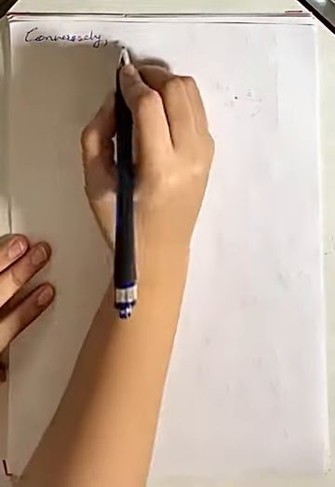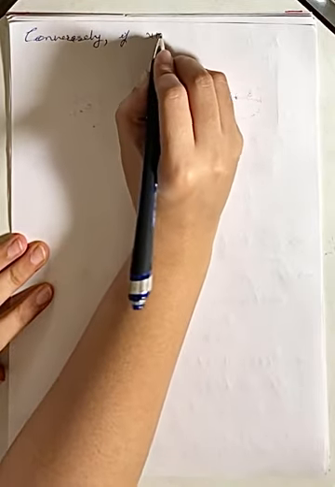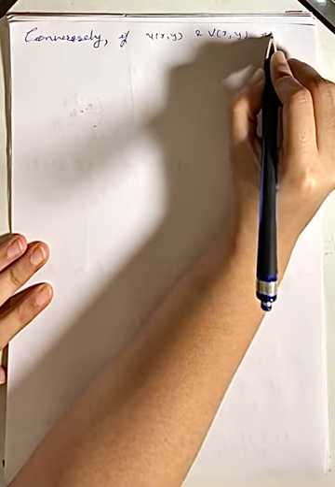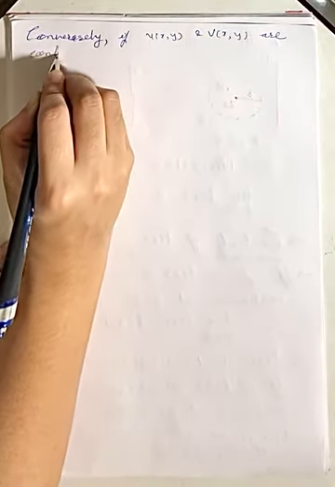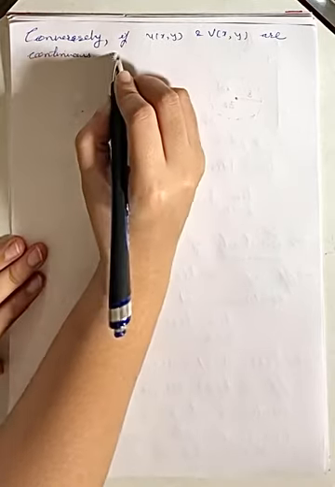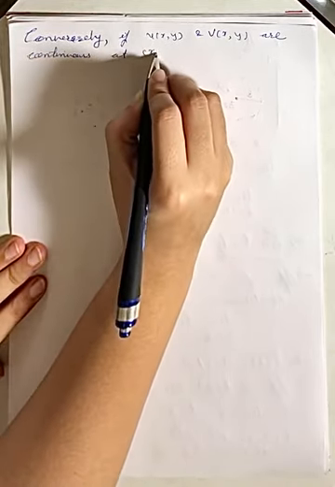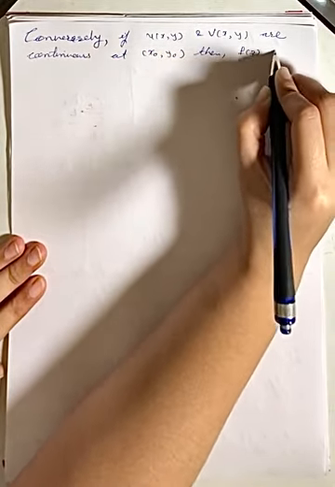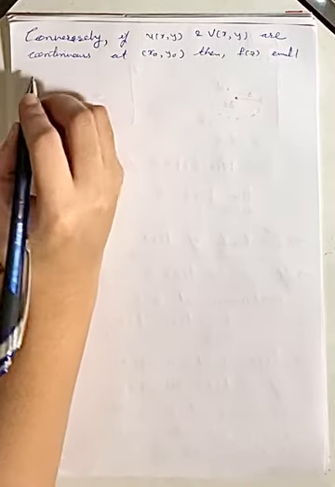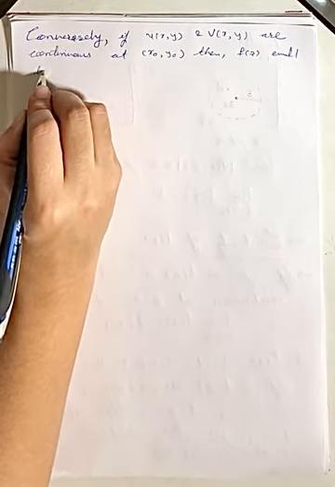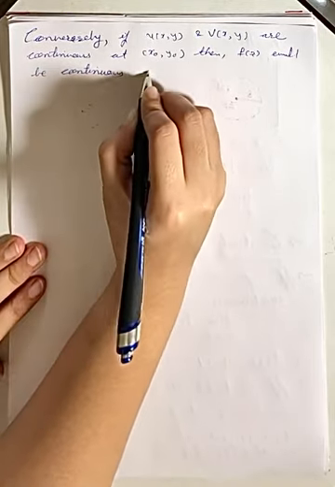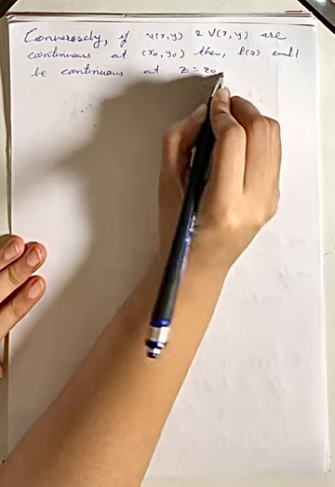So that is the converse statement, that if u(x,y) and v(x,y) are continuous at (x0, y0), then f of z will also be continuous at z equals z0.